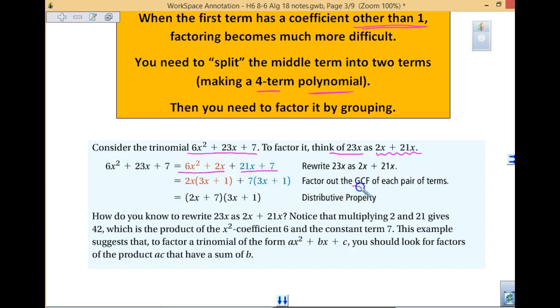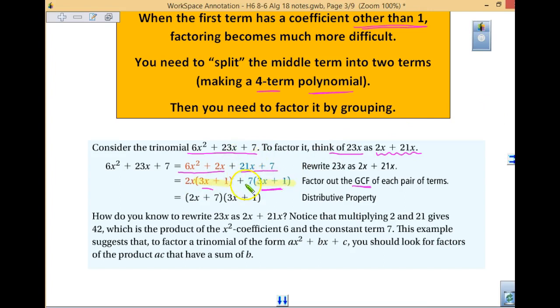The greatest common factor of 6x squared and 2x is 2x. And we were left with this 3x plus 1. Now what's nice about this is usually whatever this factor is, this 3x plus 1, that's the same factor you want back here. These 2 factors are almost always going to look exactly the same.